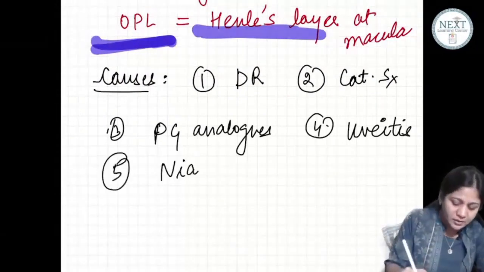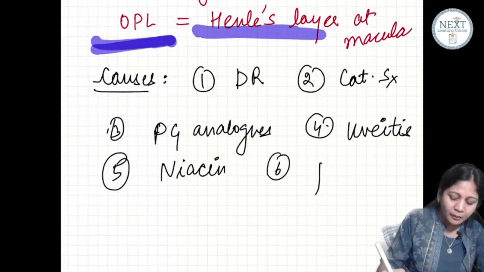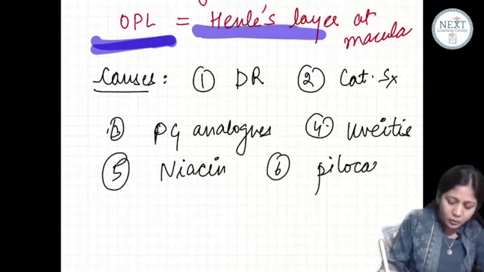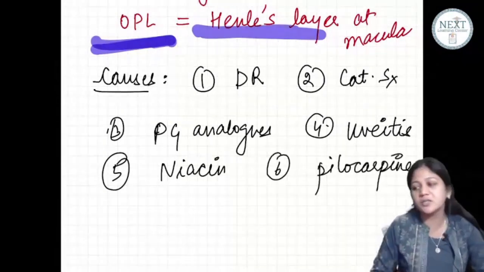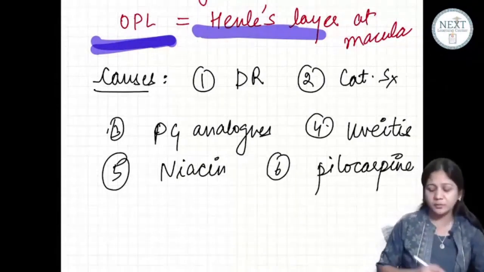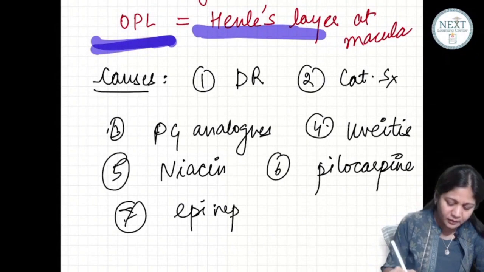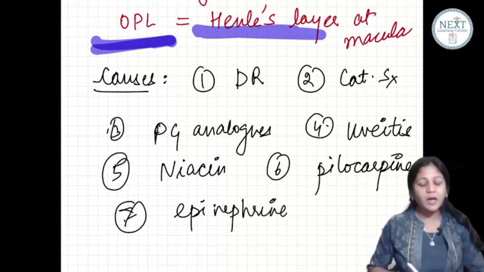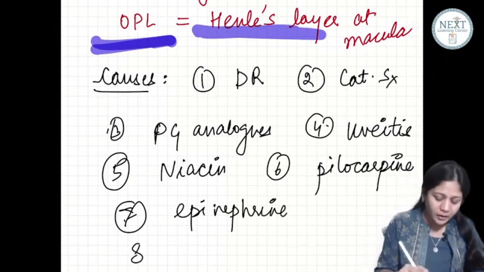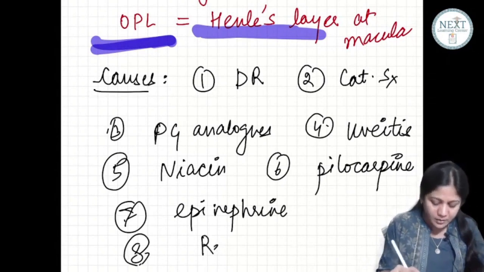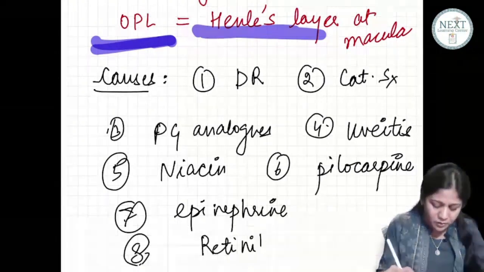Other drugs are niacin and pilocarpine. These are also drugs which cause inflammation in the eye. Very good. You can also have this with epinephrine, not adrenaline. So these are a few conditions where you can have cystoid macular edema, and each of them is a question.